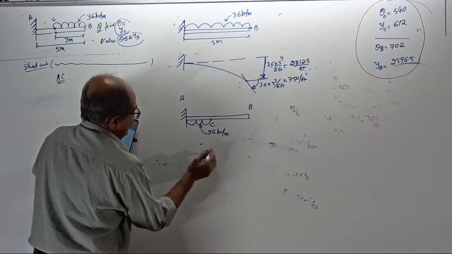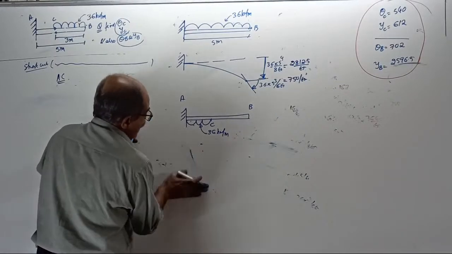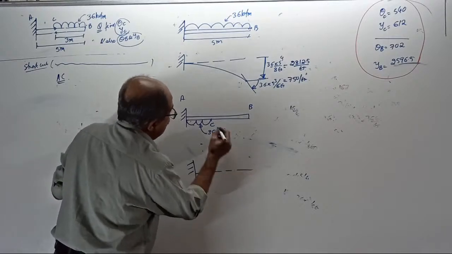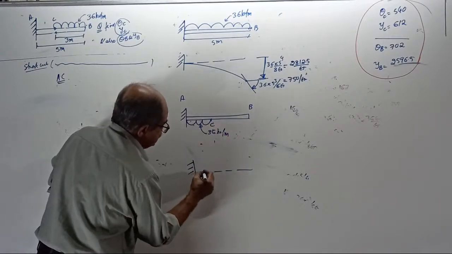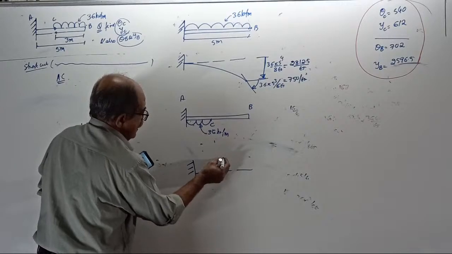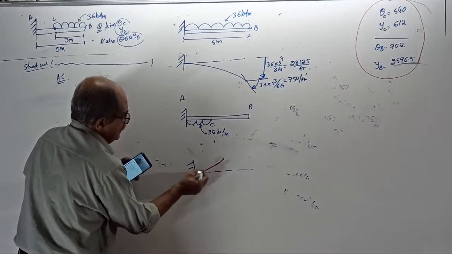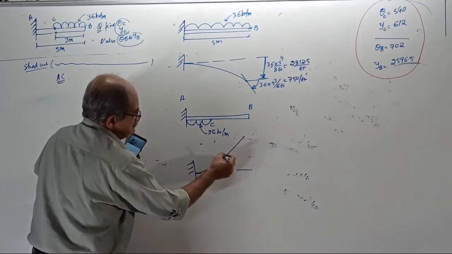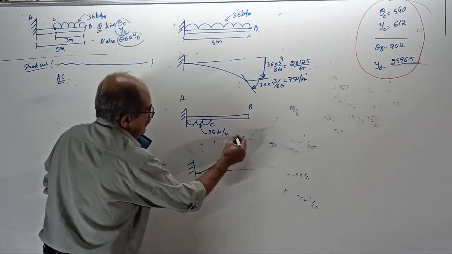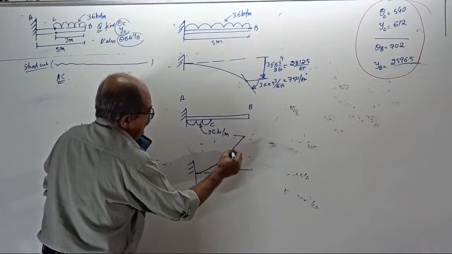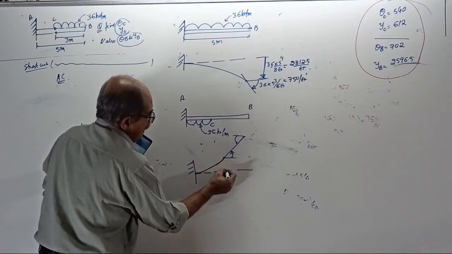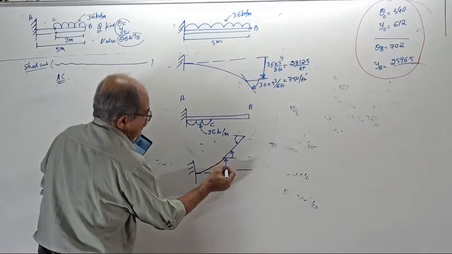The beam will bend another way. It will have curvature up to here, then the remaining portion will be straight, tangent. So this slope is anti-clockwise, this also anti-clockwise. Now I need this deflection.